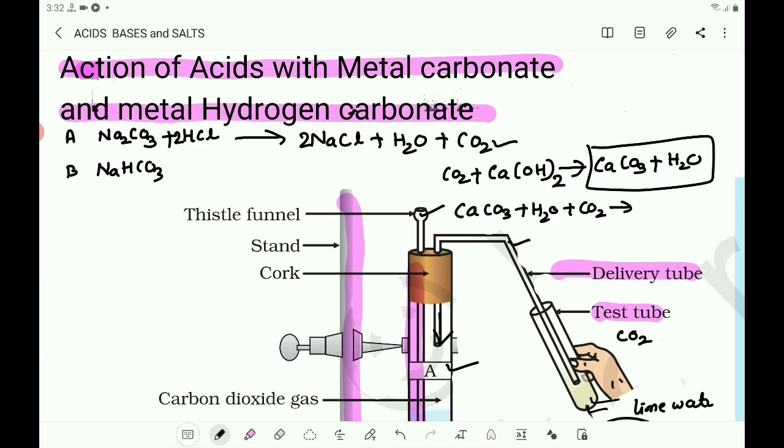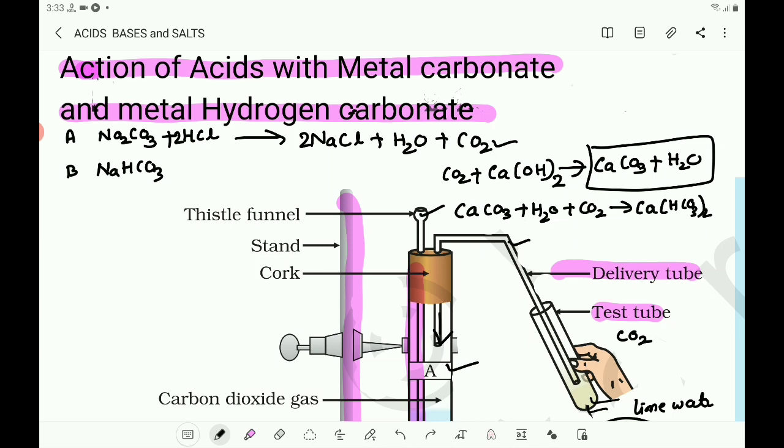The precipitate of calcium carbonate dissolves due to the formation of soluble calcium bicarbonate, Ca(HCO3)2, plus H2O. That is an aqueous solution of calcium bicarbonate, which is clear. The precipitate of calcium carbonate is dissolved to get calcium hydrogen carbonate, that is calcium bicarbonate.